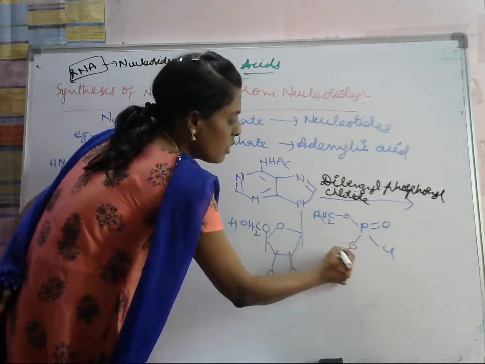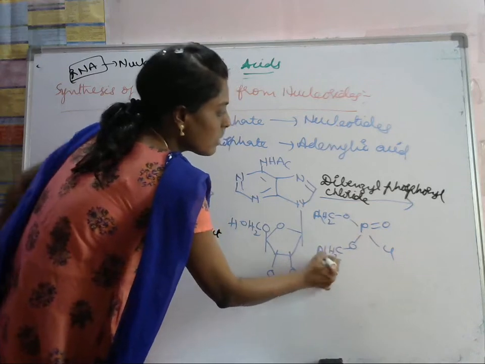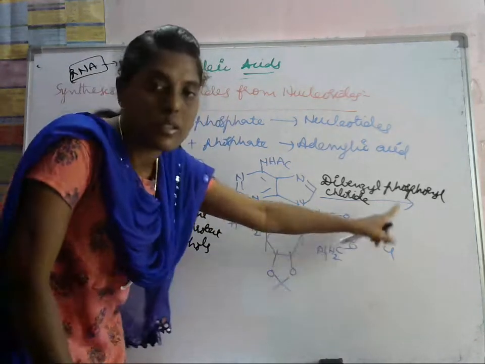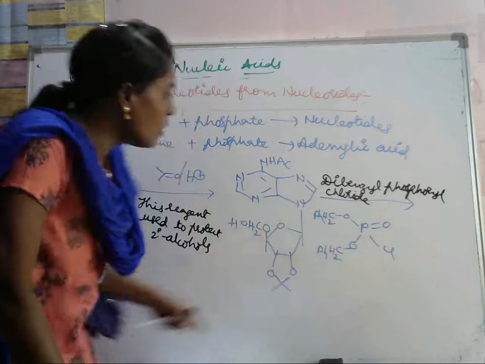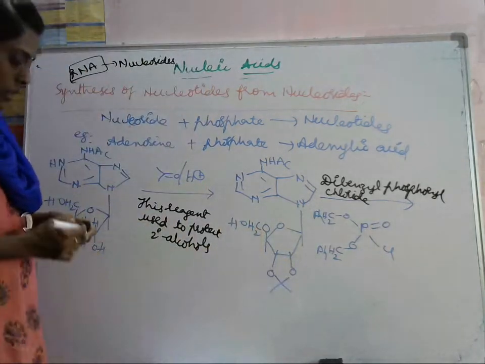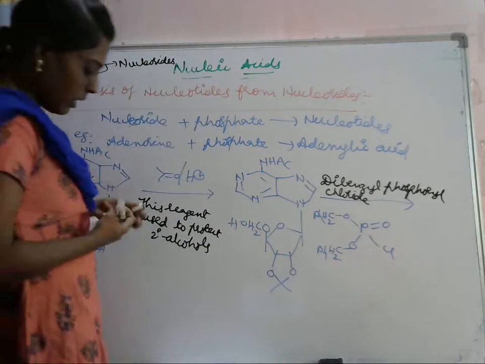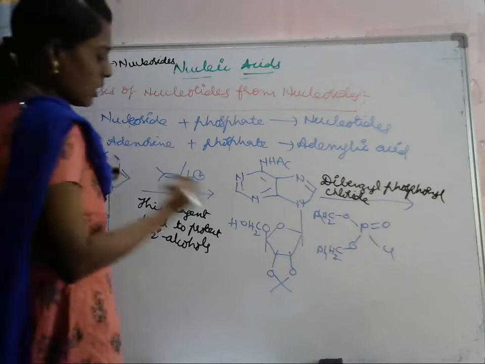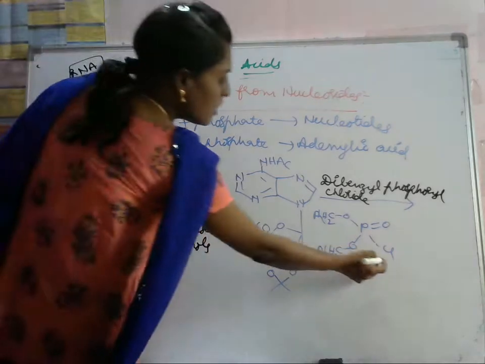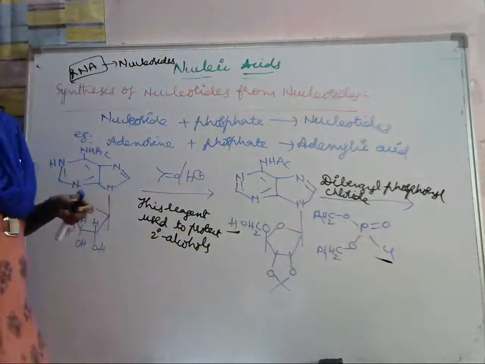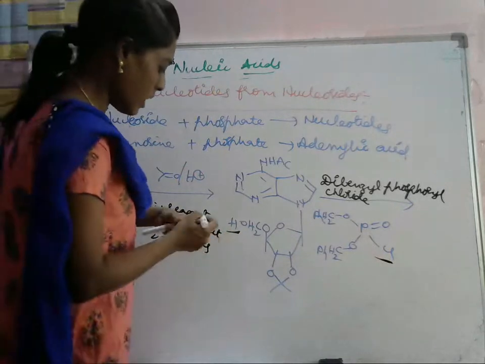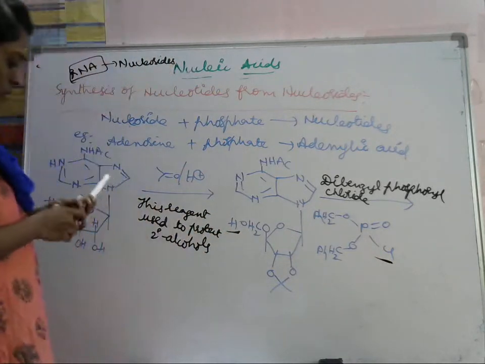Next again OCH2Ph. This is the dibenzyl phosphoryl chloride. Next, if it is treated with this, what will happen here? This H and Cl will be removed.